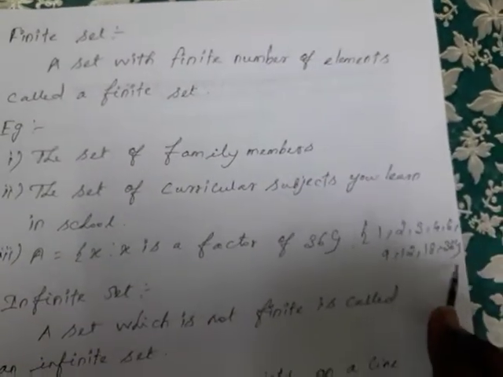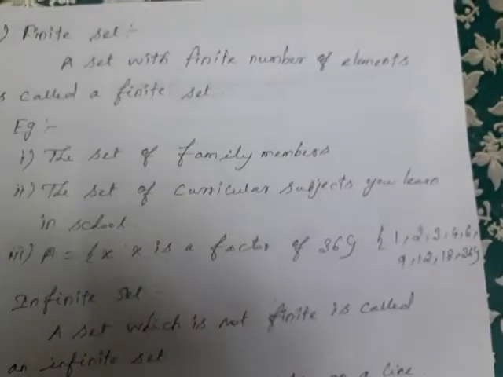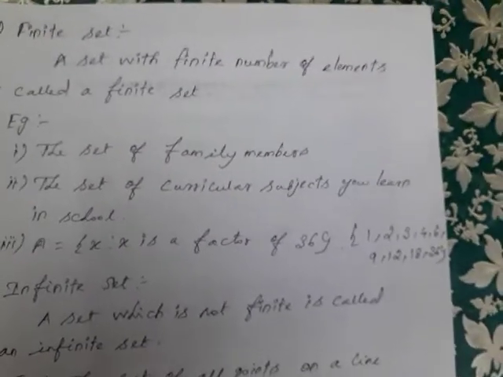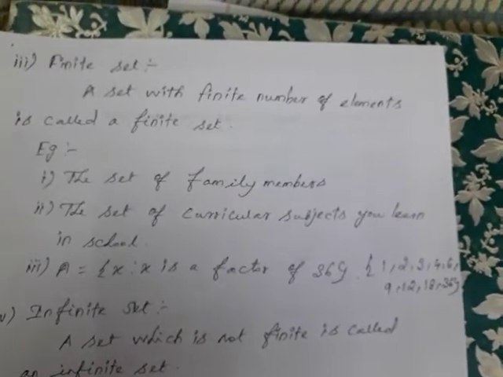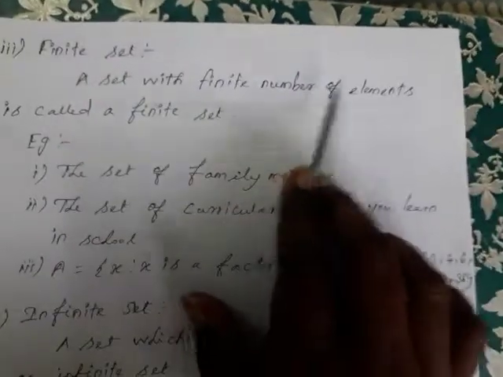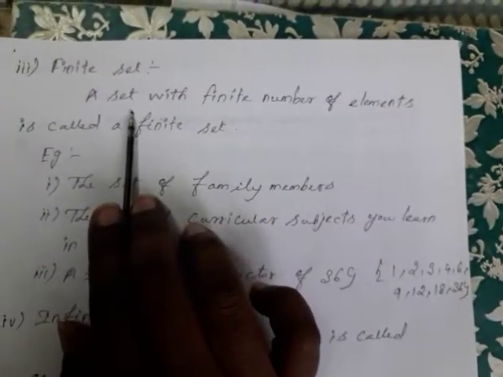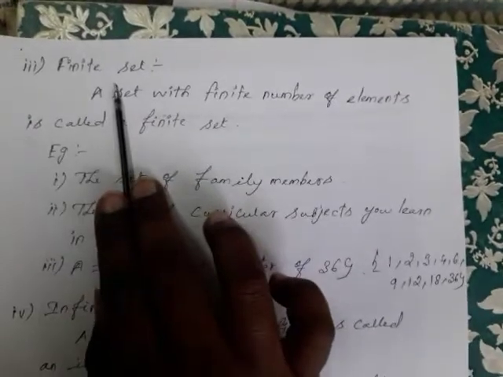Apart from that, are there any factors? No. That is also possible to count, so that is called a finite set. Again I will say, a finite set is a set with a finite number of elements.